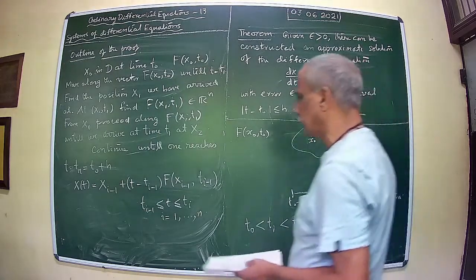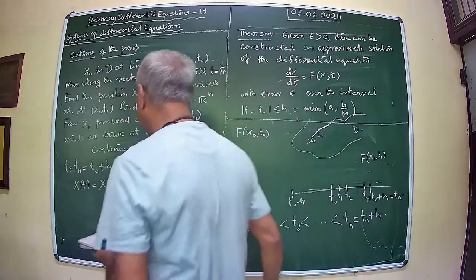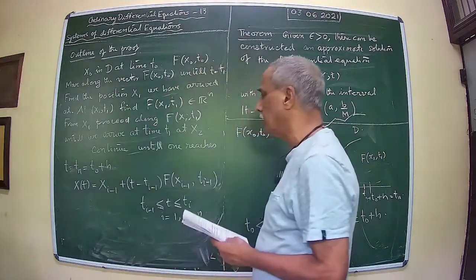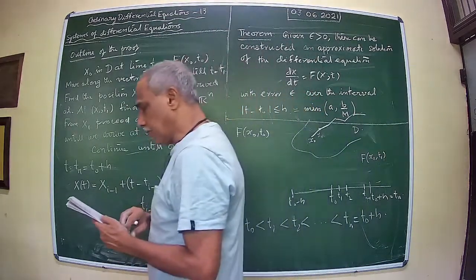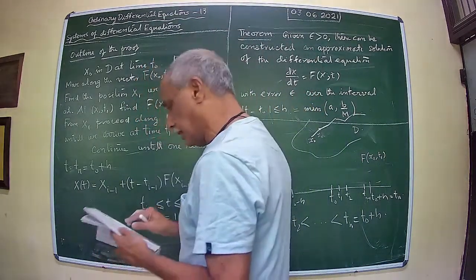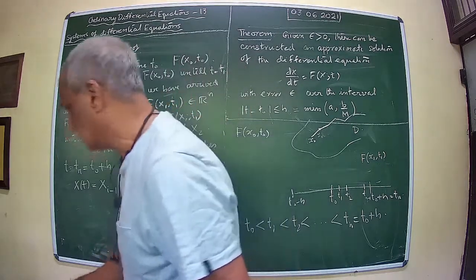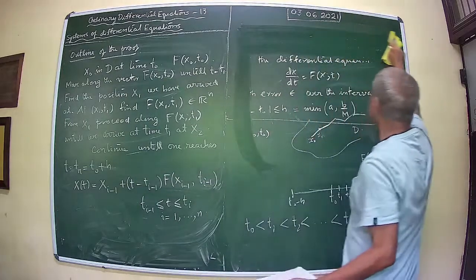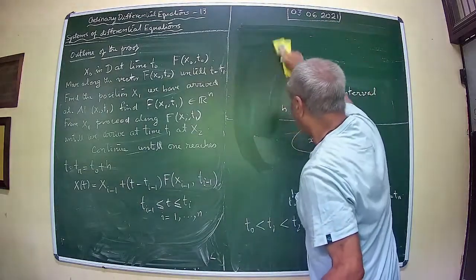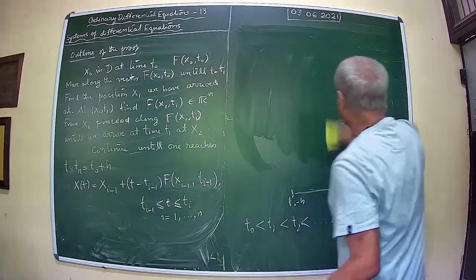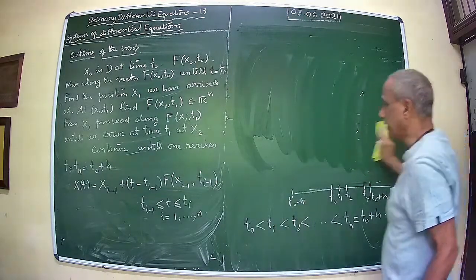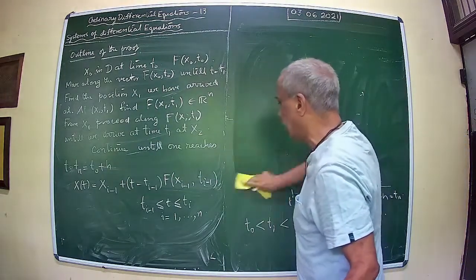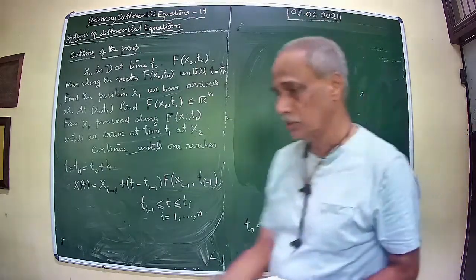This is the partition that you have obtained as the description of this. Now what will we do? We have to get this epsilon. So how do you connect this epsilon with the partition of the time interval? So that's the main process.